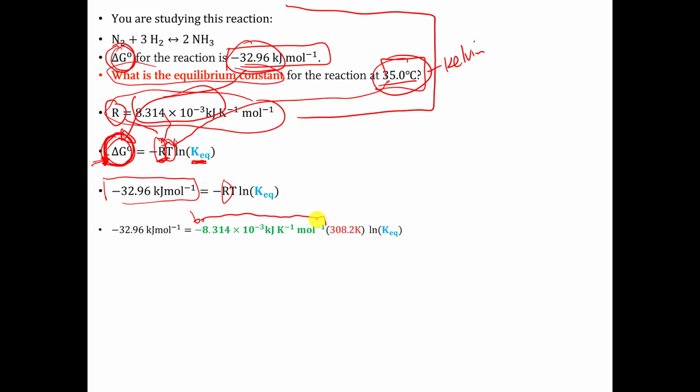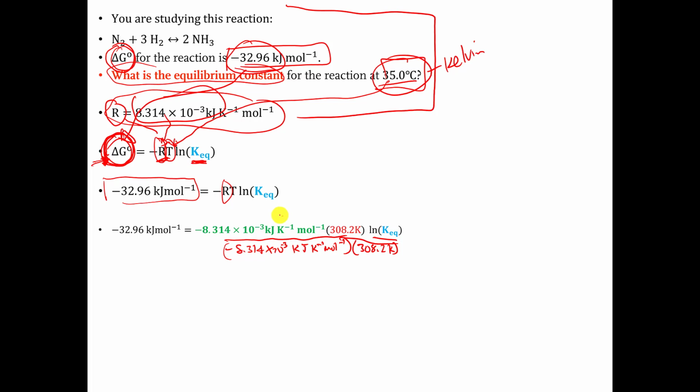Now the only thing that we have left to do is get the equilibrium constant alone, which means we need to get it away from these things. Since they are all multiplied together, to get them away we have to divide. So we're going to divide this side by negative 8.314 times 10 to the negative 3 kilojoules per Kelvin per mole. And we're also going to have to divide the right side by 308.2 Kelvin.